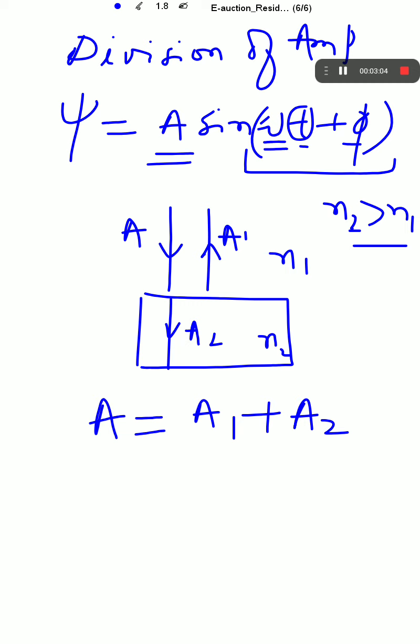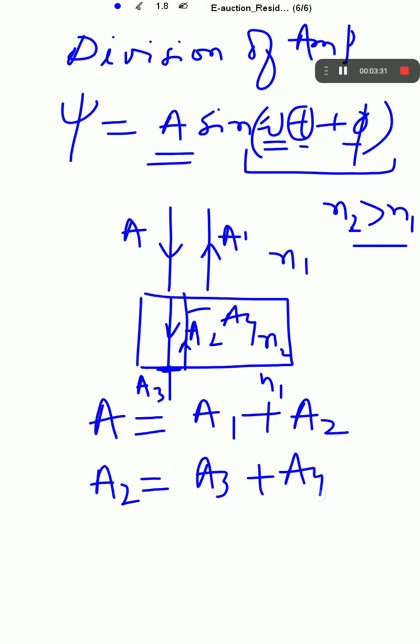Also there will be reflection from this point. If N1 is the air index outside, at this point also there will be transmission and there will be reflection. So you can see that A2 is further divided into, let us say, A3 plus A4.